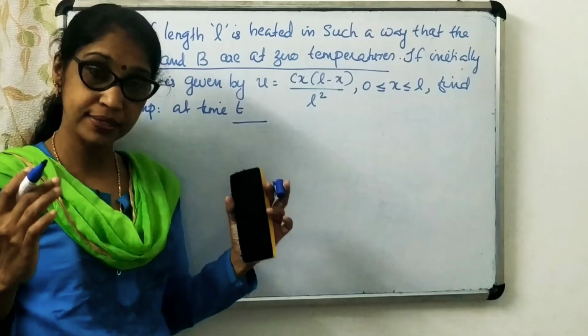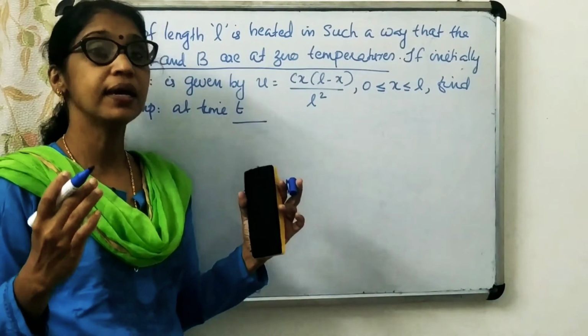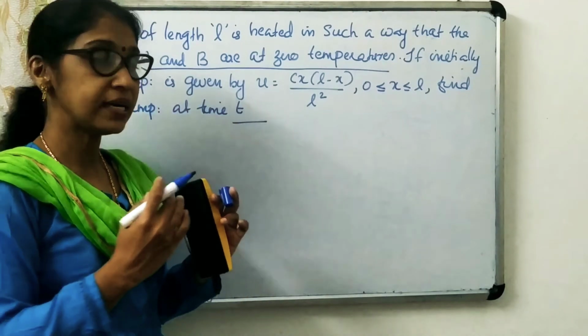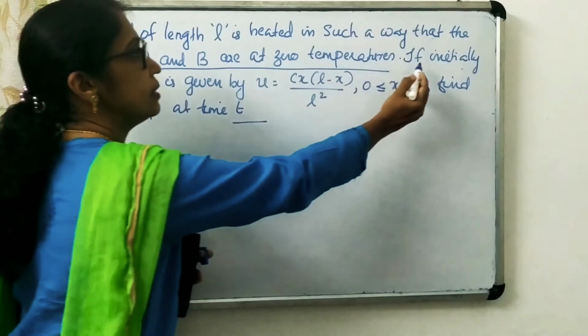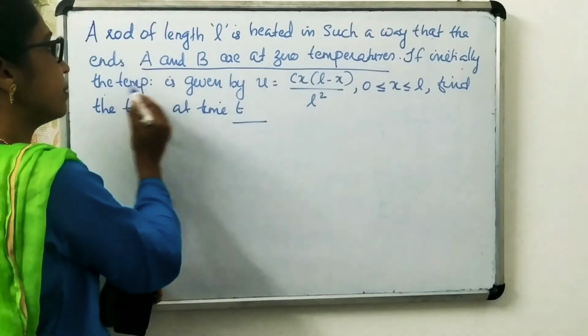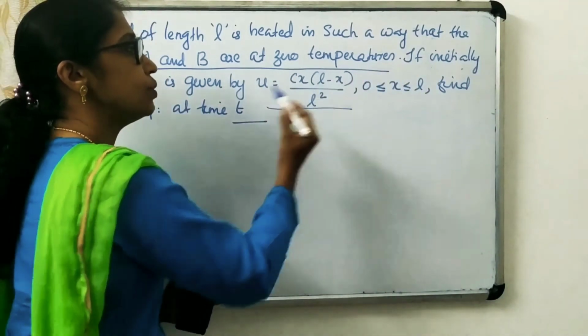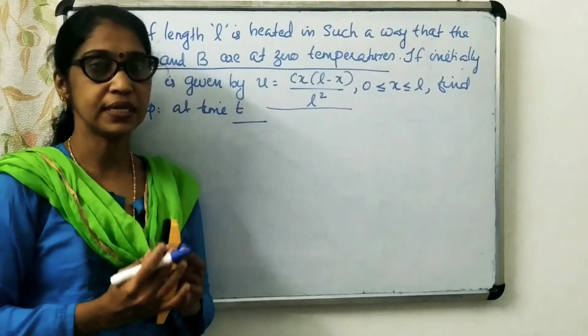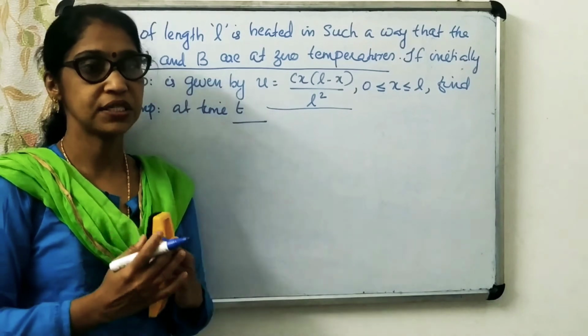That is U(0, t) = U(L, t) = 0. And the initial condition is given by U = Cx(L - x)/L². So all the three conditions we got.